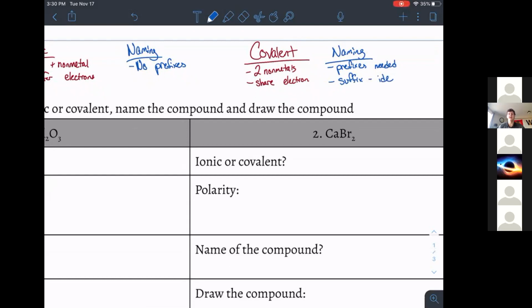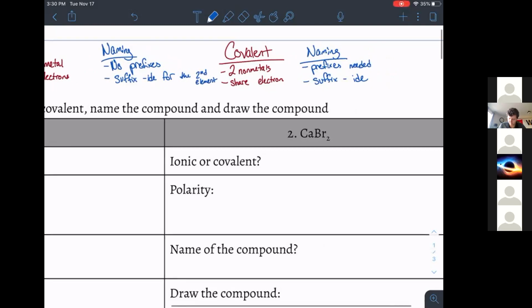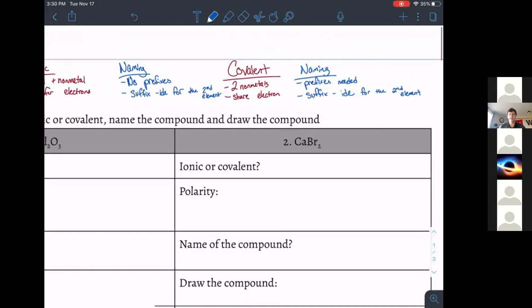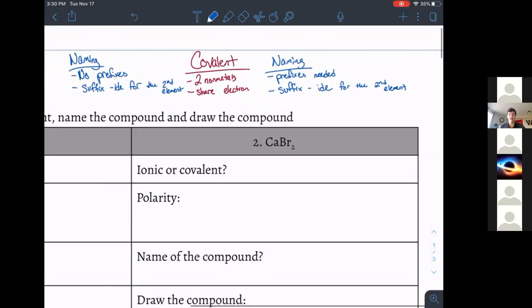Do we need a suffix in ionic? Yes. For the second element in both, we do need a suffix. Anything else we need to do for either of them or both of them?